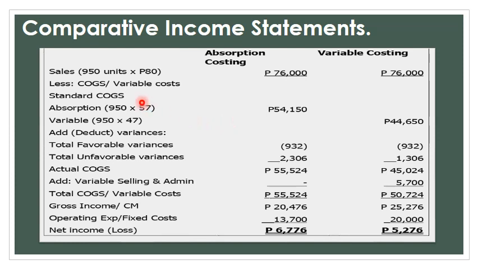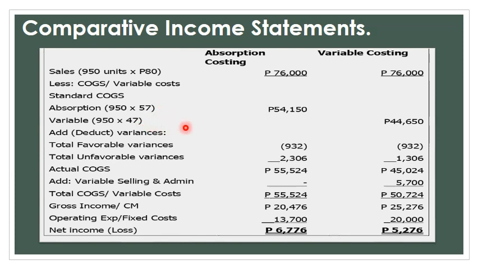And sabi natin doon kanina sa kung paano mag-compute, okay, ng income under absorption and variable costing na gumagamit ng standard cost, kunin muna natin yung standard cost of goods sold or yung variable cost. So, 57 and 47 yung naging product cost under absorption and variable costing.